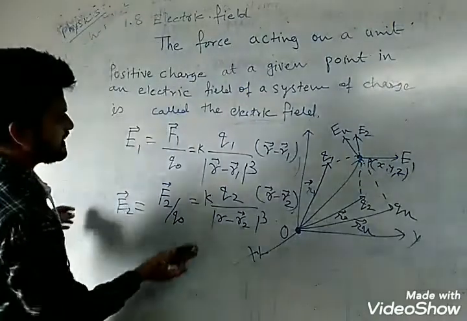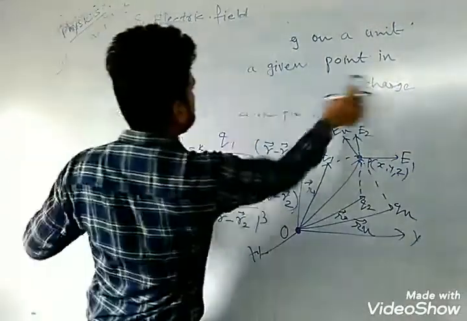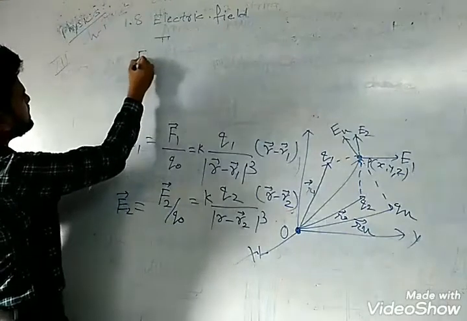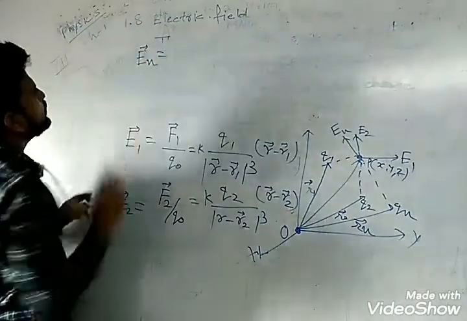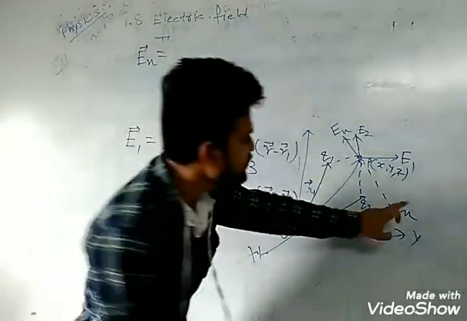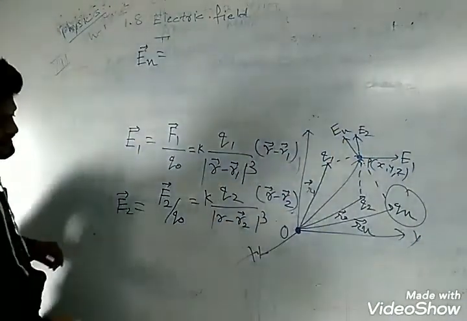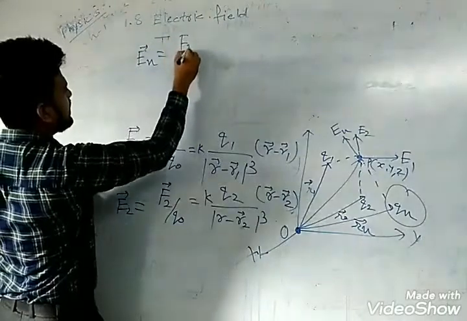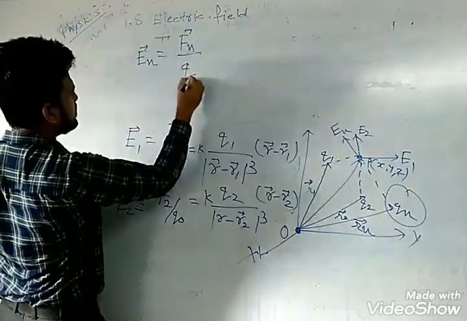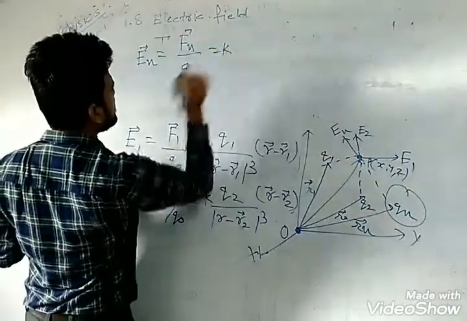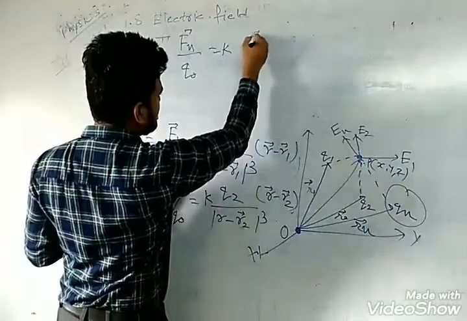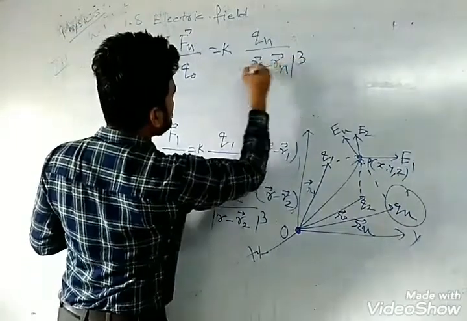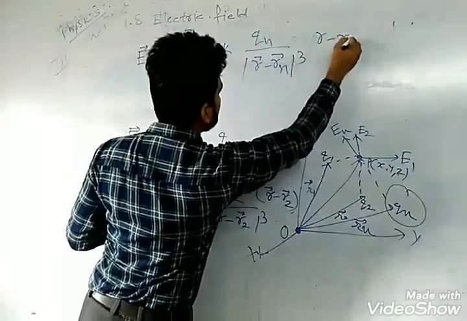In this case, the electric field at P due to Qn is equal to Fn upon Q0, equal to K Qn upon mod of R minus Rn cubed, into R minus Rn.